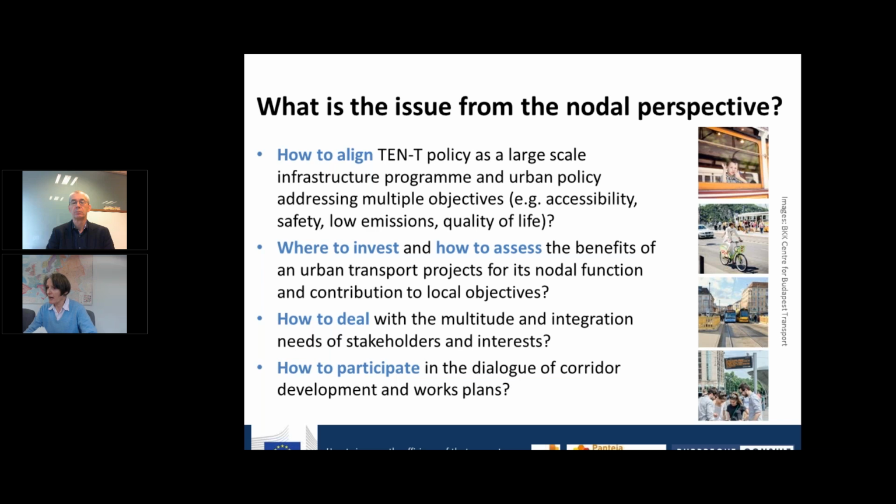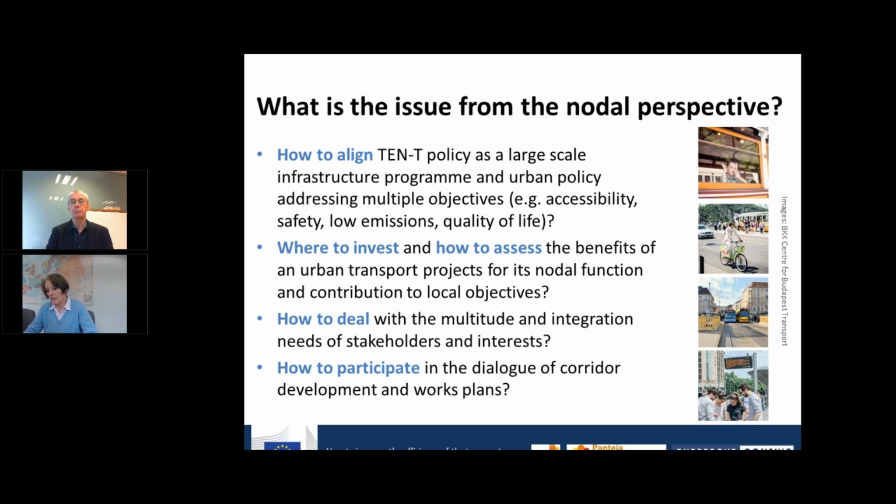And what we have identified is special issues which are important for urban nodes, and which we consider as important from the nodal perspective when looking at the TEN-T infrastructure development.